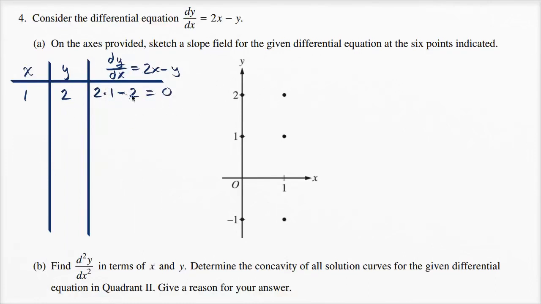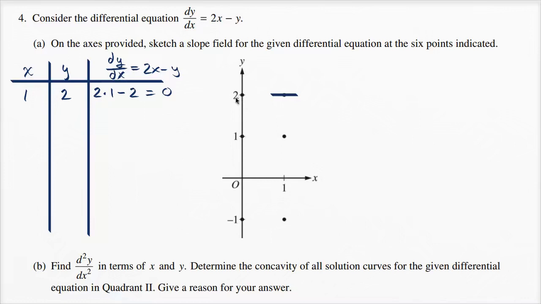And so if the derivative there is equal to 0, then if I were to draw a line that indicates the slope at that point, I would draw a line with a 0 slope. It would look something like that. All right, let's keep going.